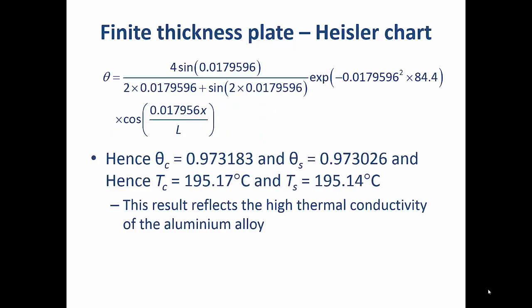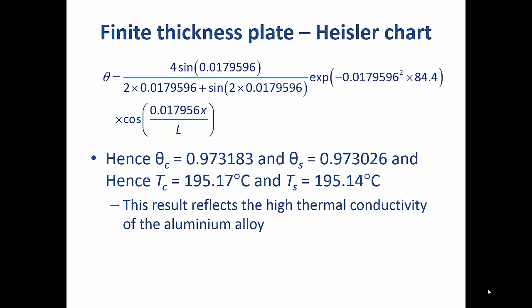So putting all this together gives us the expression for the dimensionless temperature shown here, and hence the centerline dimensionless temperature theta c equals 0.973183, and the dimensionless surface temperature equals 0.973026. These are clearly very similar numbers, and that's reflected in the actual temperatures, which are 195.17 and 195.14 degrees centigrade respectively.